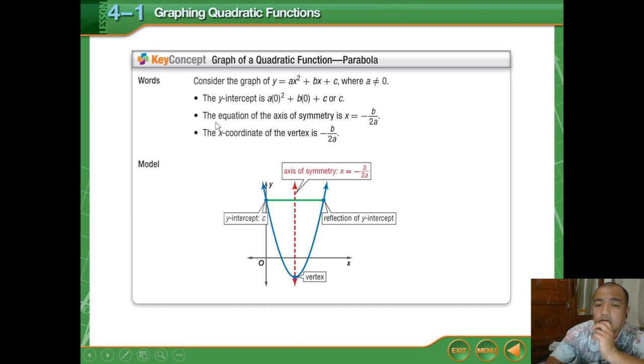And the equation of the axis of symmetry is x equals negative b over 2a, or simply the value of h in the vertex, which is negative b over 2a. The x-coordinate of the vertex is negative b over 2a. The axis of symmetry is x equals h, or x equals negative b over 2a. The y-intercept is the point of intersection between the parabola and the y-axis.